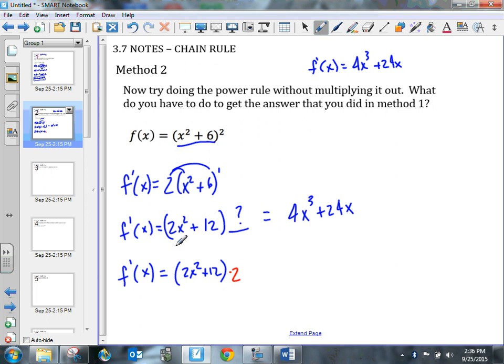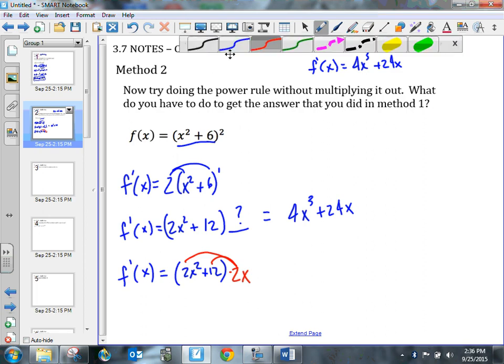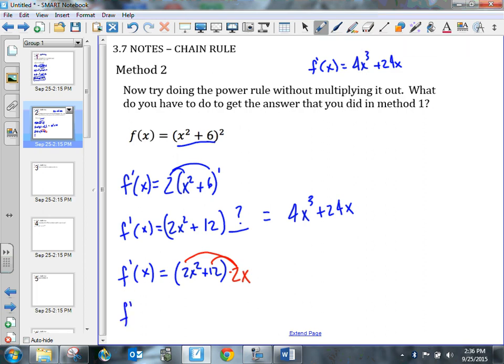But then to go from x squared to x cubed, I would need to multiply this by an x. To get from no x to an x, I would need to multiply by an x. So if I multiplied this function by 2x, and I distribute that into my thing here, then I'm going to get f prime of x is equal to 4x cubed plus 24x, which is the derivative that I'm looking for.